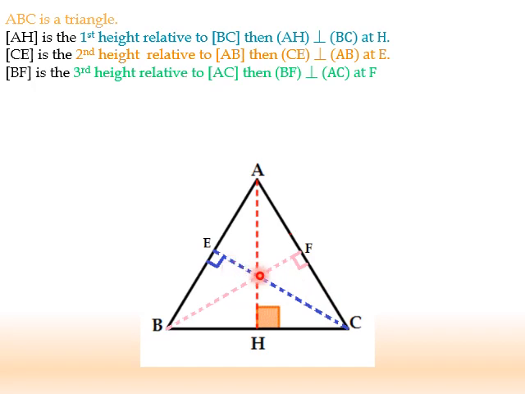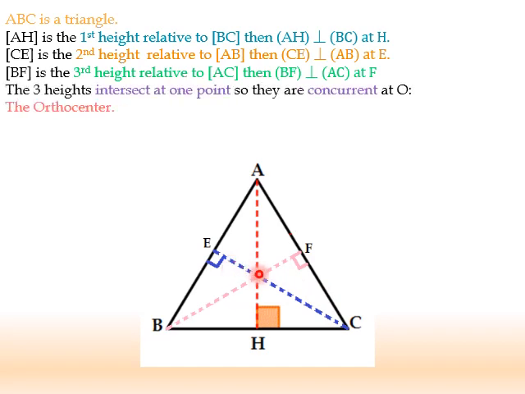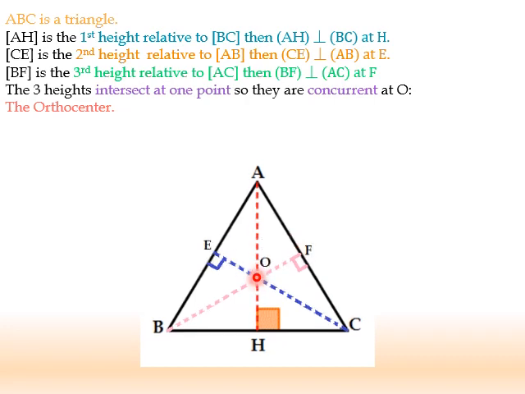We noticed that they intersect at one common point. They are concurrent at the point which we name O. The intersection of the heights is called the orthocenter. Orthocenter is the point of intersection of the heights in a triangle.